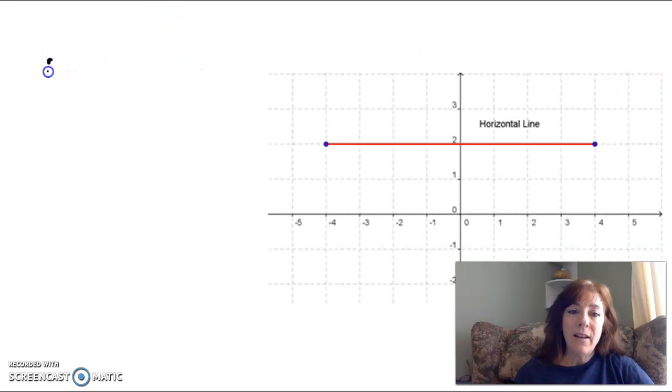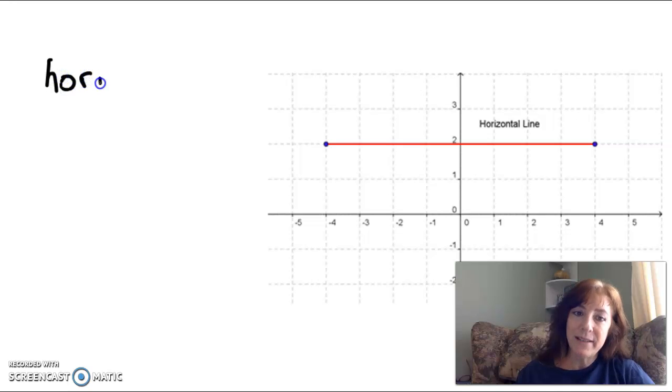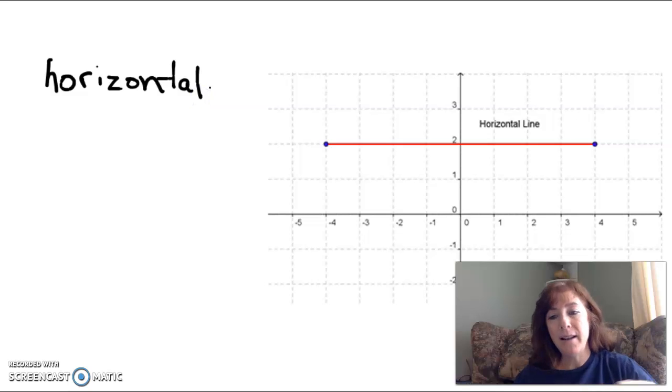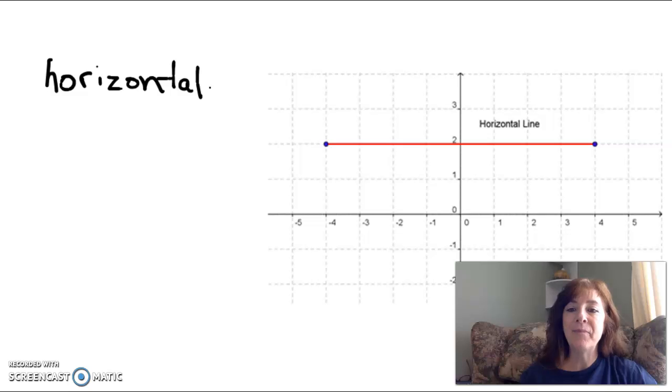When we have horizontal lines, it's very similar. Horizontal is across. Think about the horizon. The horizon goes across the sky. So horizontal lines, this line hits y at 2. And as we try out x equals 1, y is still 2. x equals 2, y is still 2. x equals 3, y is still 2.